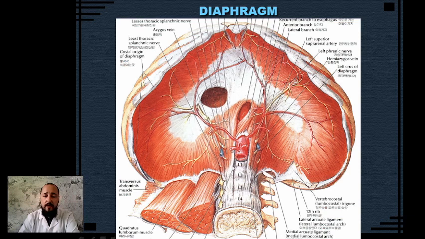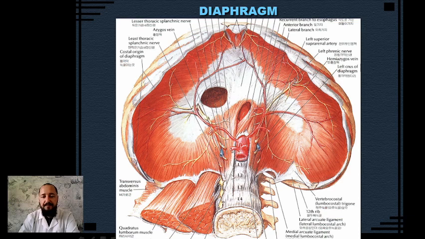Also, if we look at the lumbar part, we can see fibers or muscles making the crura of the diaphragm. We can divide these crura into the medial, intermediate, and lateral crura.